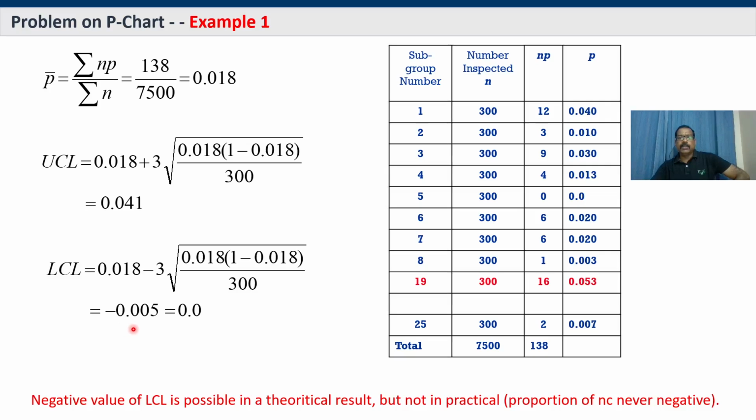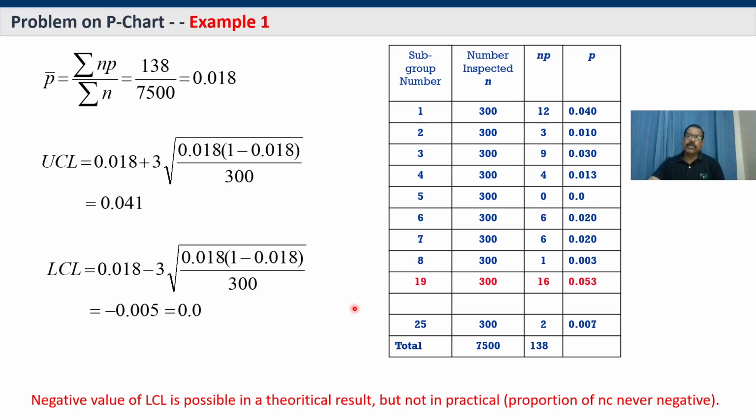A value like minus 0.005 can be considered as 0. A negative lower control limit is possible in a theoretical result, because we are calculating, but not in practice. The proportion of NC is never negative. If it comes out negative, you can assume it as 0.